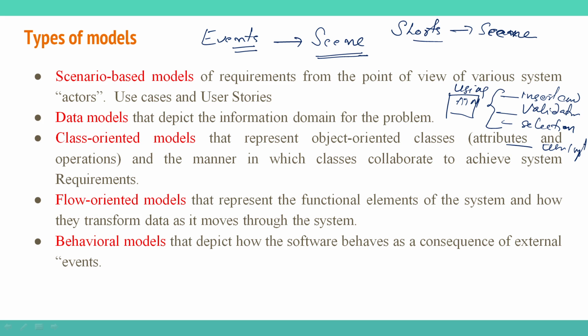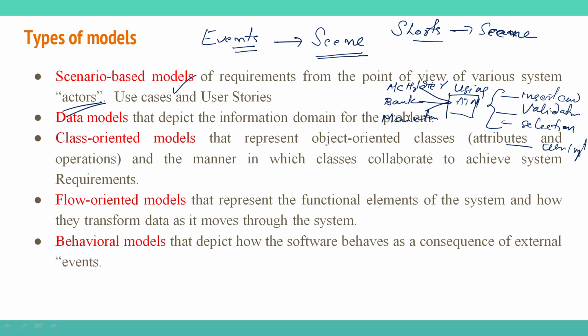Scenario based models show requirements from the point of view of the system actors. Who are the people using that particular requirement? In the ATM case, there are three different sets of users. One is the account holder or card holder. Second is the bank officials. Third is the maintenance staff.